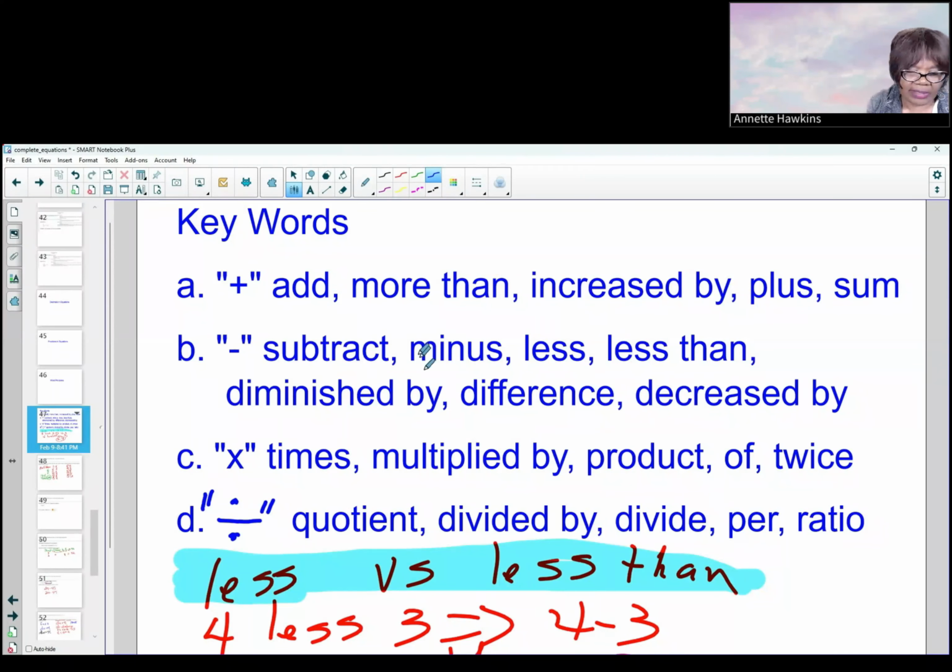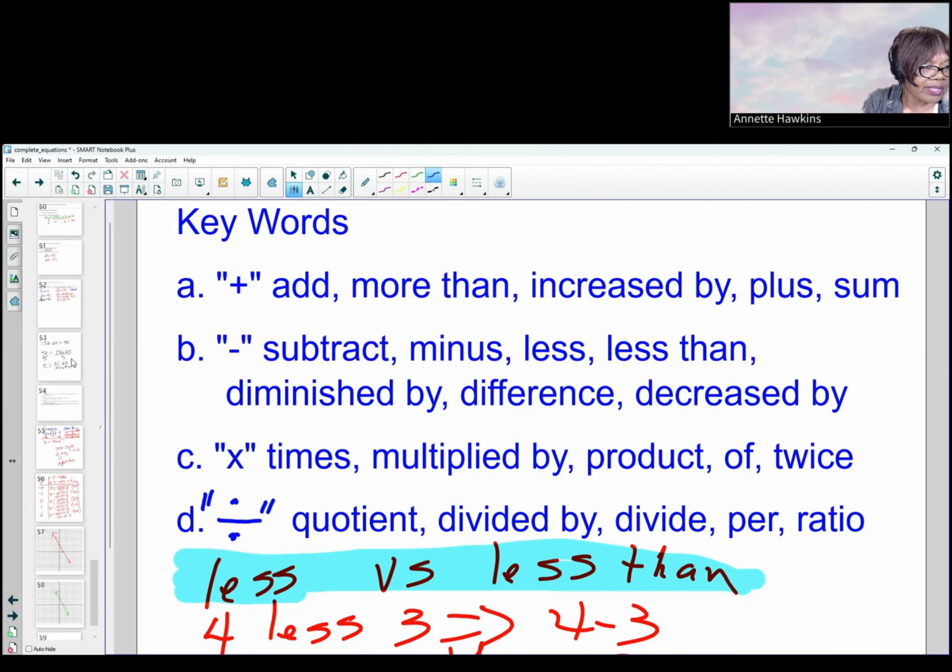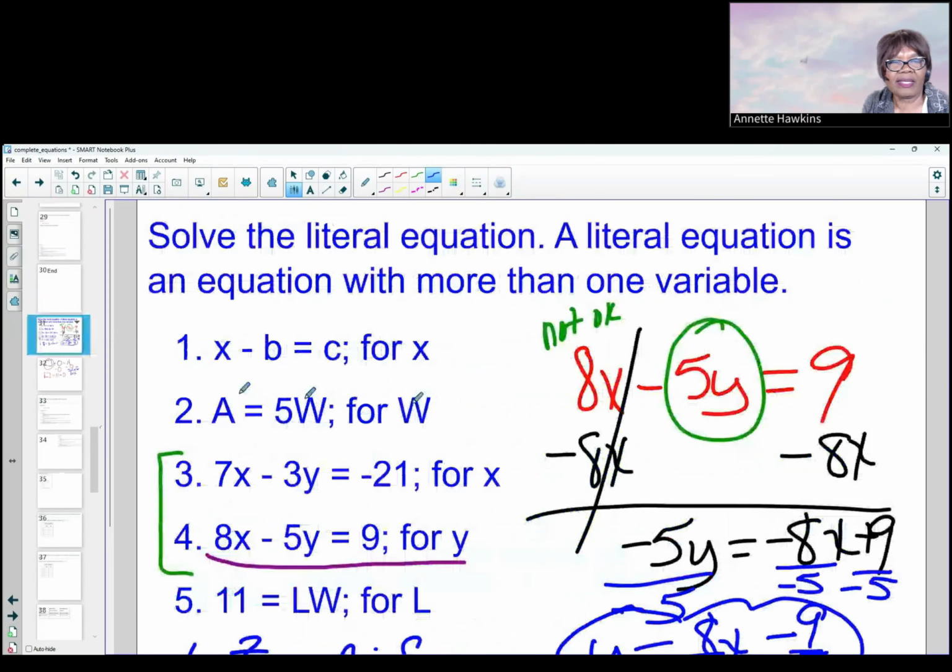We can look at our literal equation, which had more than one letter in the equation. Let's see, can we find that one? Like this one, okay? We had more than one letter. The goal always is to get what you're solving for on one side with a coefficient of 1, okay?